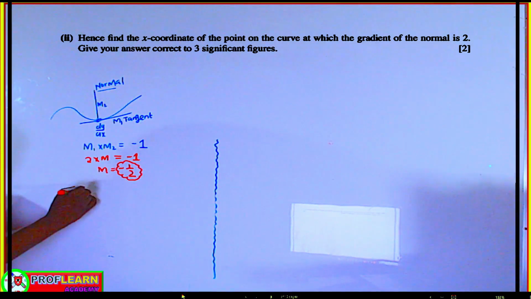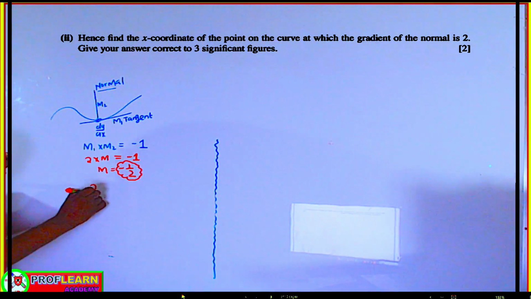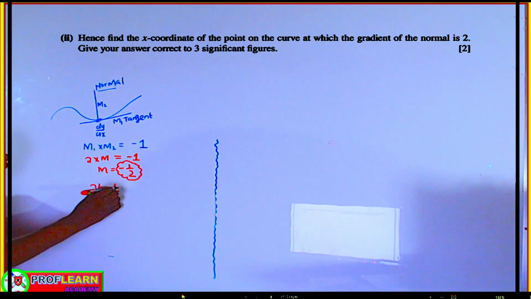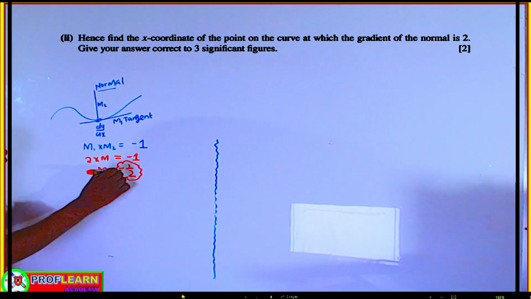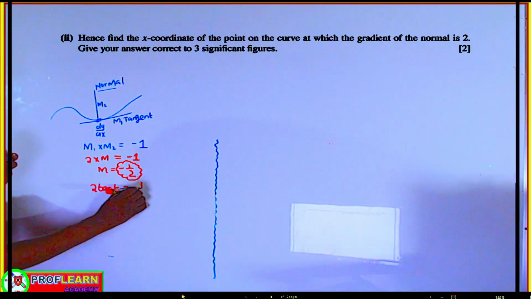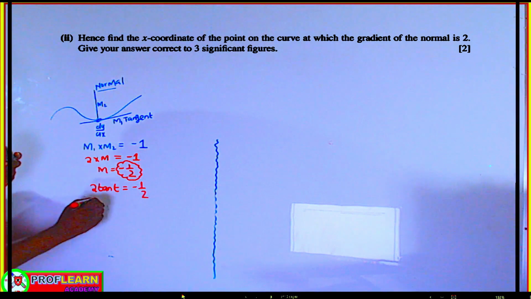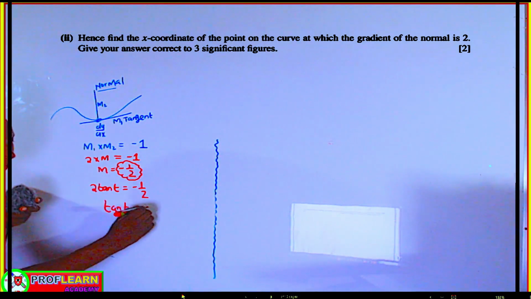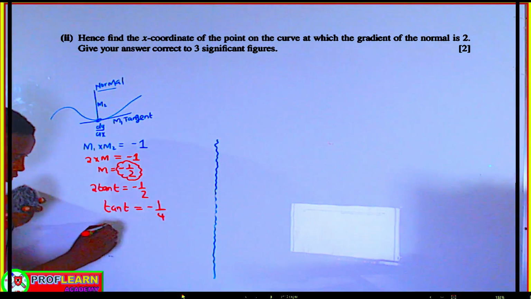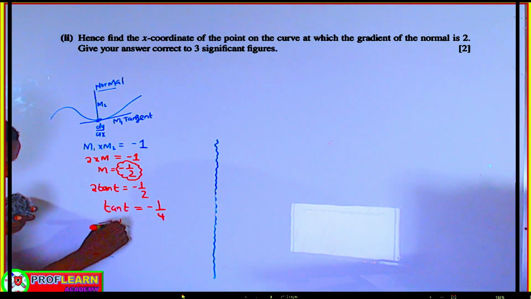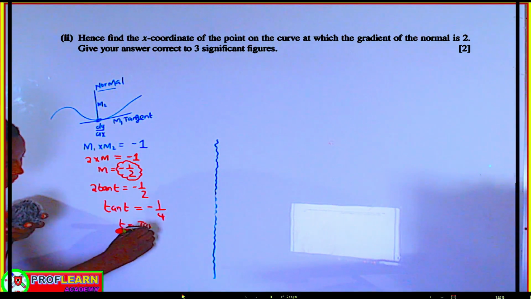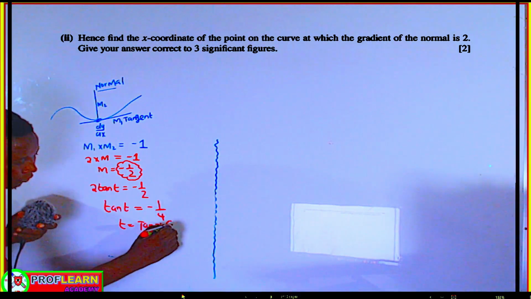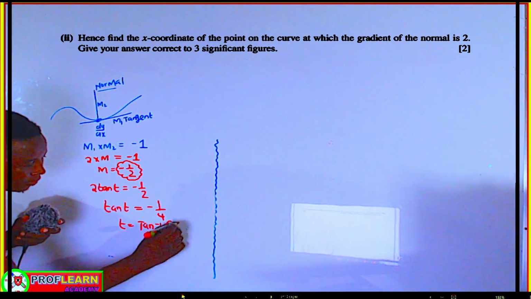And remember, the gradient function of the curve was 2 tan t, which is equal to this value that we have gotten here, -1/2. So it means tan t is -1/4, implying that t is going to be the tan inverse of negative 1/4.